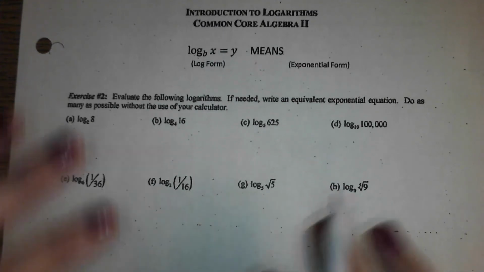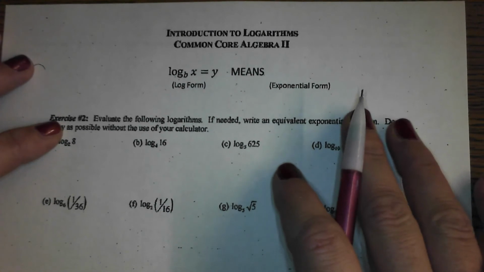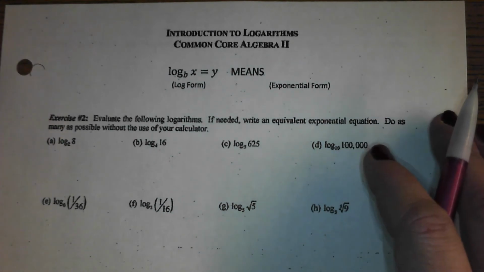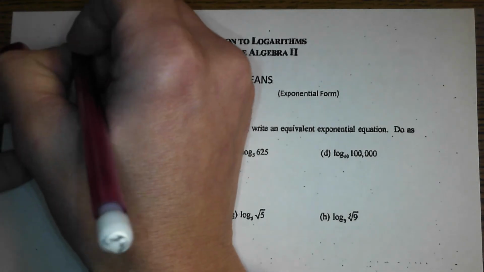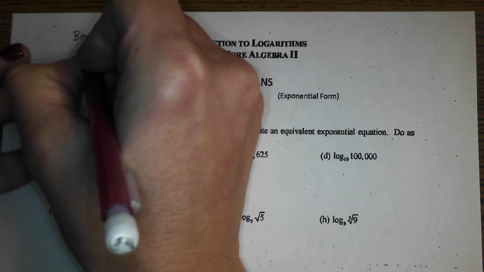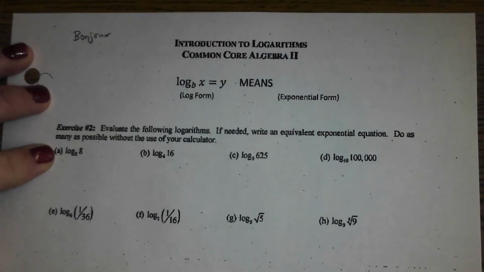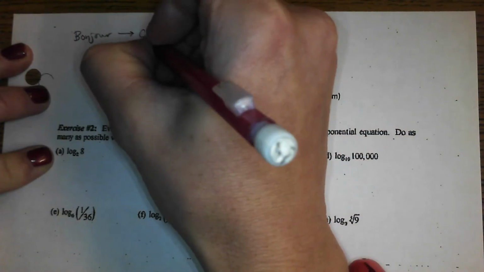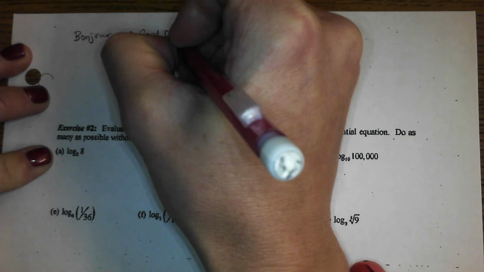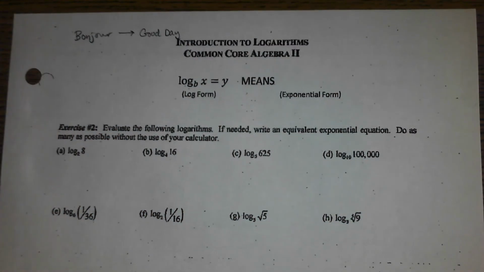So the way I typically try to present this so that it makes sense is when you think about a foreign language, like bonjour really means good day. Well, hello is yes.